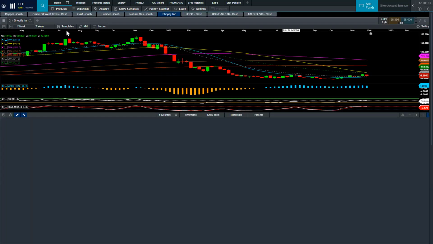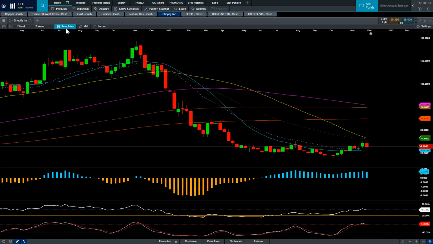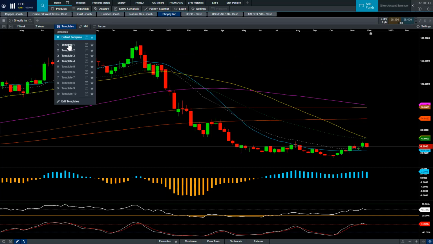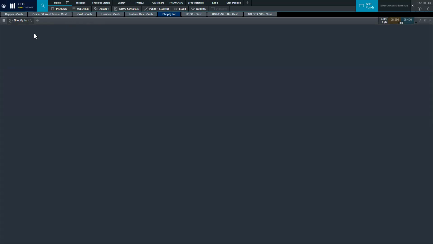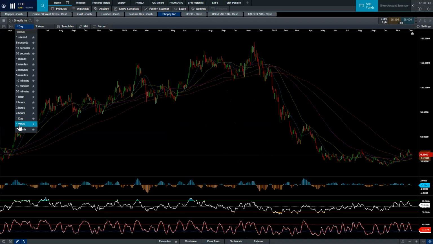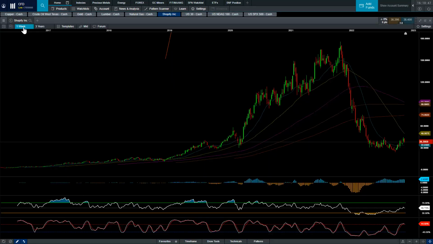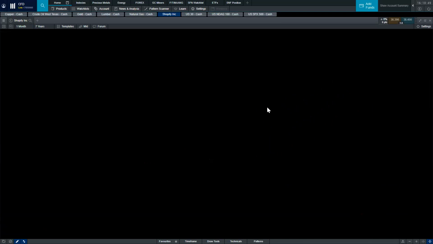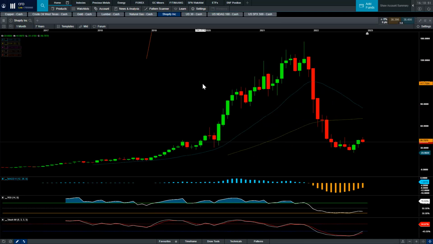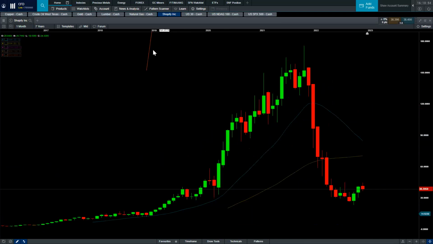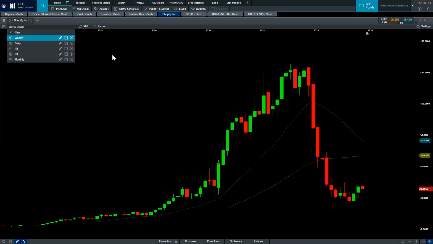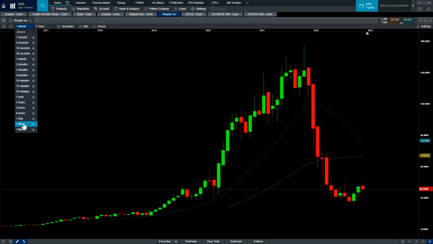I haven't seen this chart. Holy shit, what happened? Okay, what time frame, daily again?